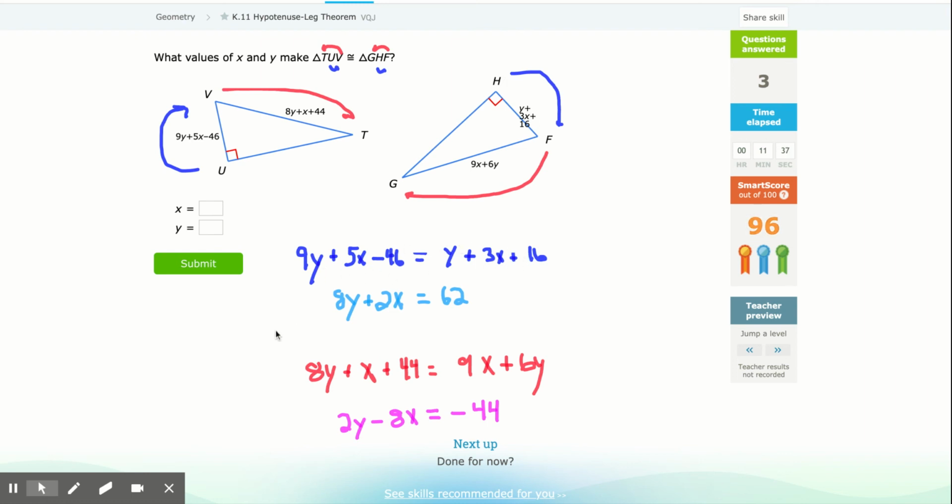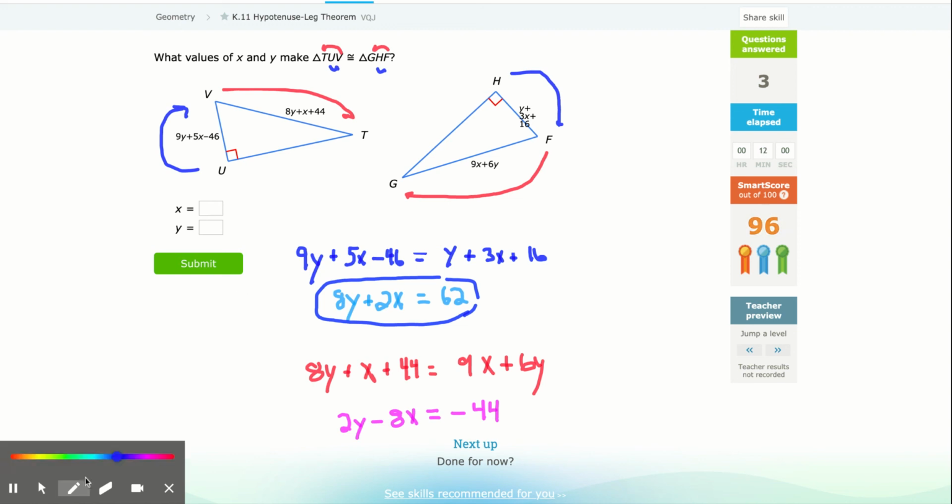And then I simplified it, and I came down to this expression right here when I minused this y over, 9y minus the y is 8y, minus the 3x over, that's plus 2x. I brought the 46 to the right side, or added 46 to both sides, that's 62. So I have this 8y plus 2x equals 62 for the two blue sides.